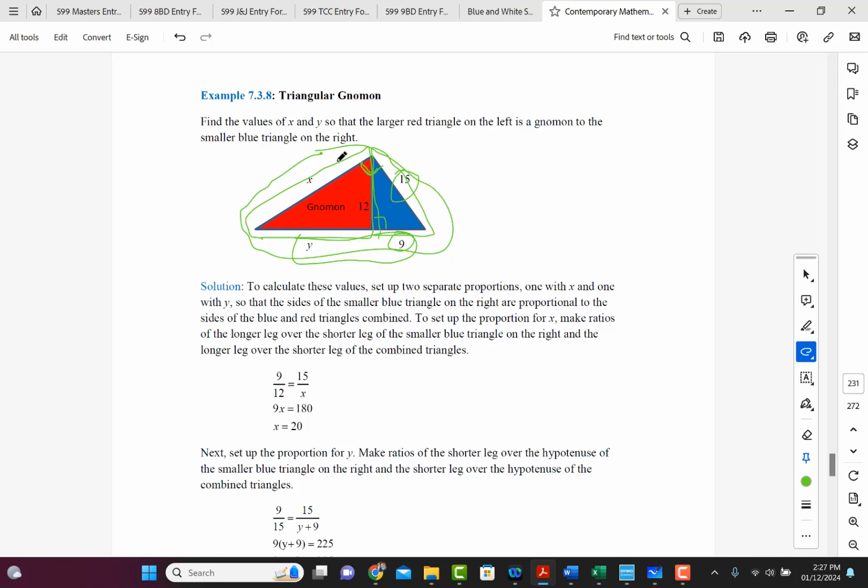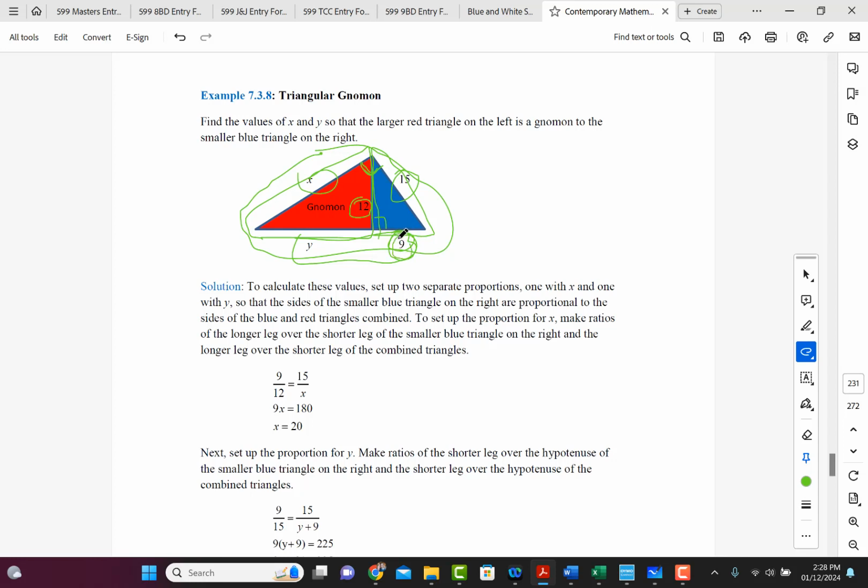And then 12, the larger leg of the smaller blue triangle, corresponds to x of the big triangle. So now, knowing this, when we want corresponding sides, let's take two corresponding sides of the blue triangle.